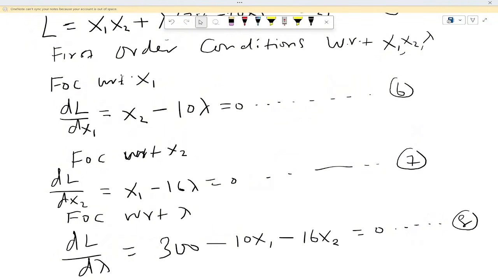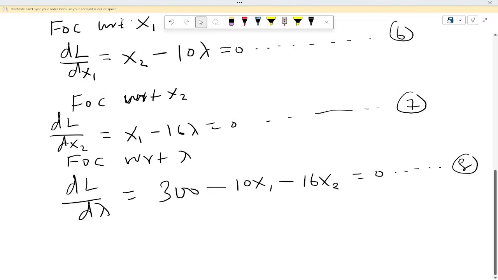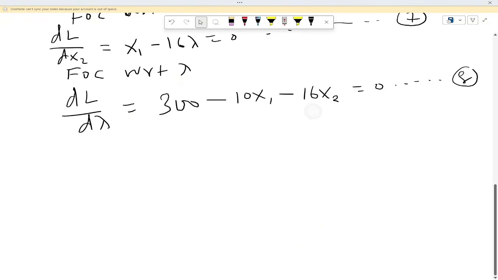So you are going to rearrange your equation 6 and 7.